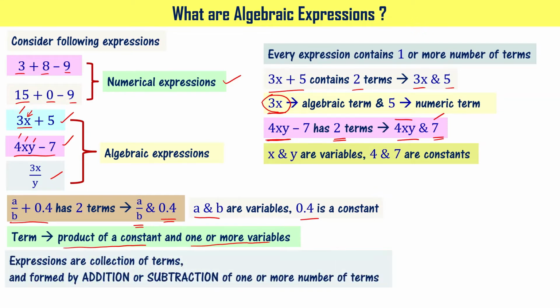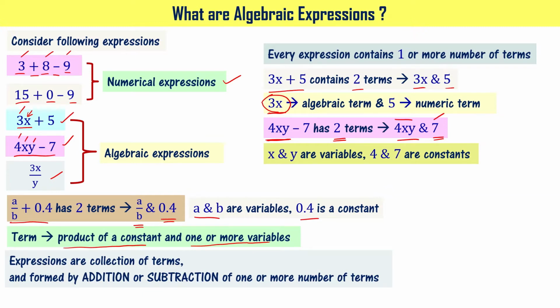Expressions are collections of terms, right? And they are formed by addition or subtraction of one or more terms. For example, when I say that 3 plus 8 minus 9 is an expression, it is a collection of a few numbers and you are having addition of some terms and subtraction of some terms, right?